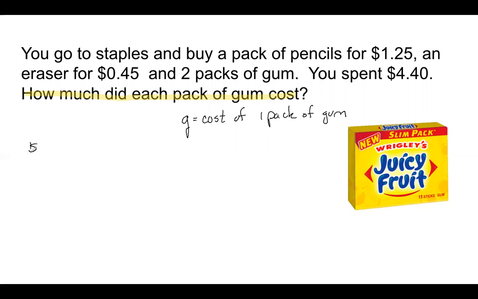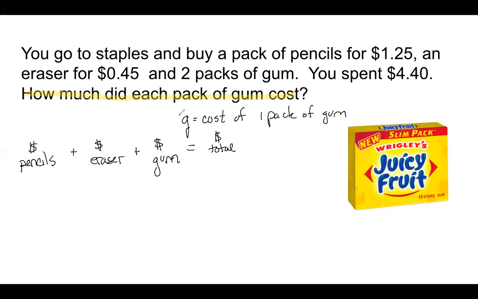So I'm going to spend some money on pencils. And I'm going to spend some money on an eraser. And I'm going to spend some money to buy gum. And then all together, I'm going to have a total amount of money. When you're writing an equation, every single term has to have the same units.